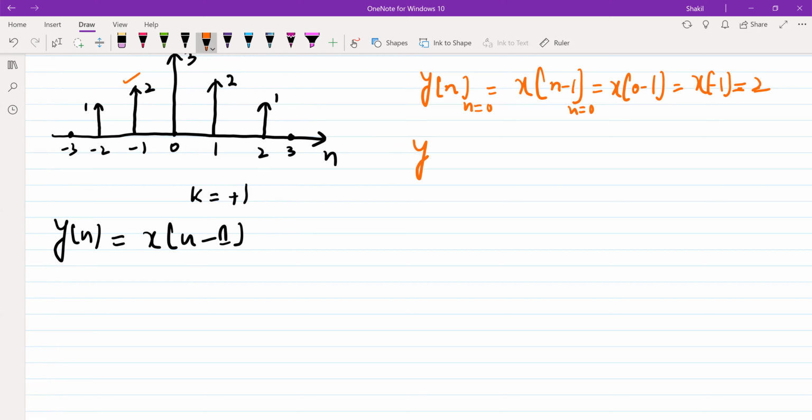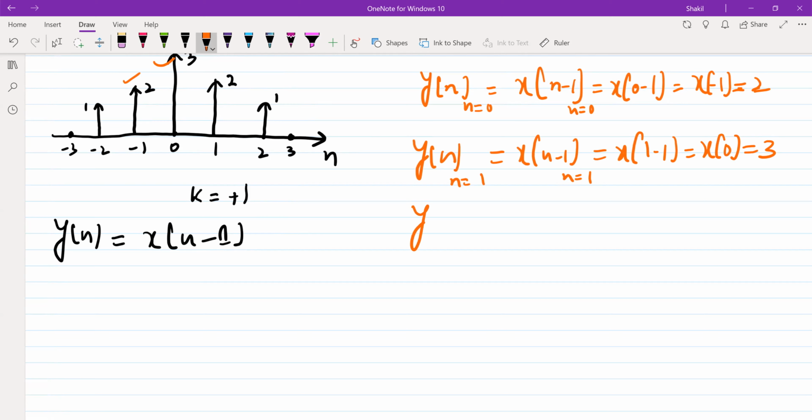Similarly, the value of y of n when n is equal to 1 will be x of n minus 1 when n is equal to 1. This will simply give us 1 minus 1, which is x of 0, and x of 0 is 3, that you can check from here.